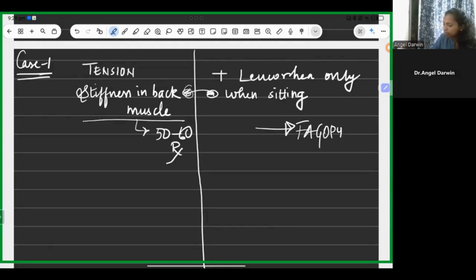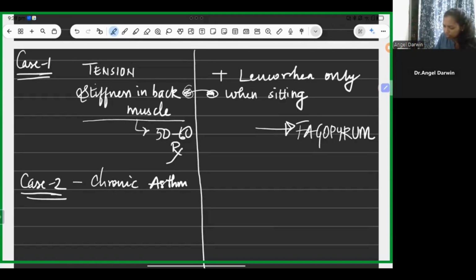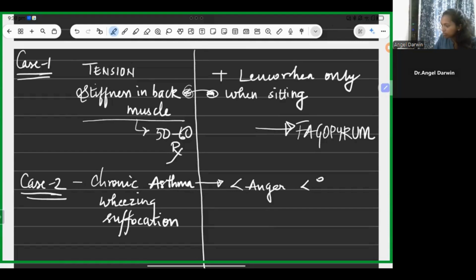Now we are going to see a case example too, which Dr. Robert has mentioned in this chapter. The example that he gives is of chronic asthma with wheezing, which is a common symptom, and suffocation. Along with this, the patient gets this symptom which is aggravated by anger, aggravated on eating, and he gets a choking sensation in the stomach.